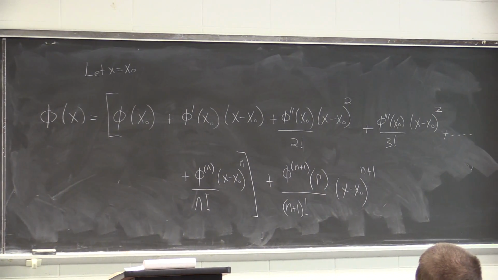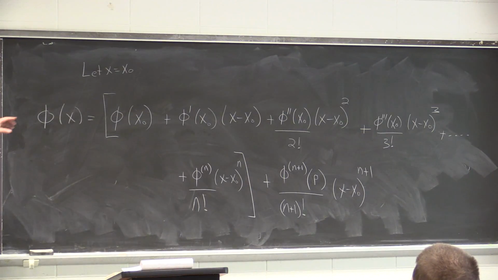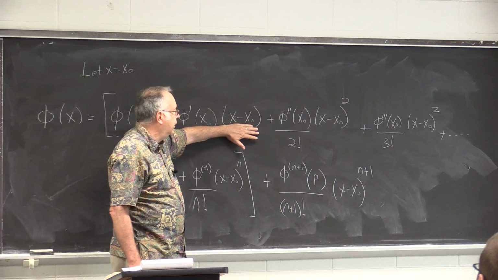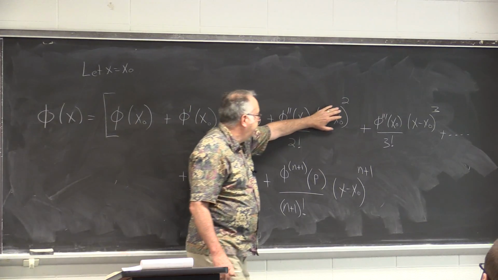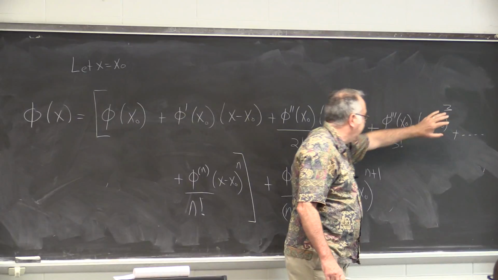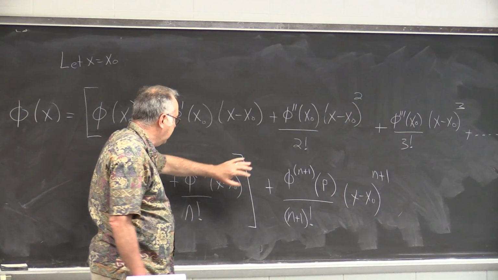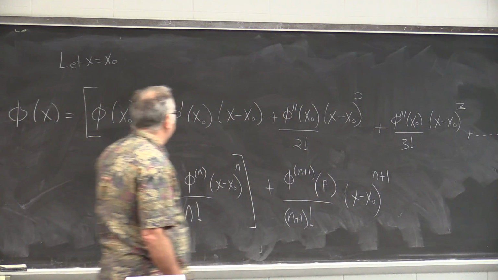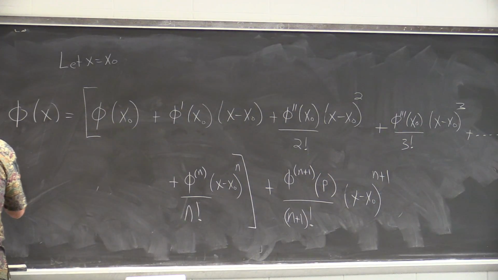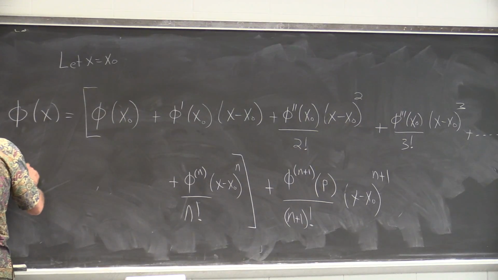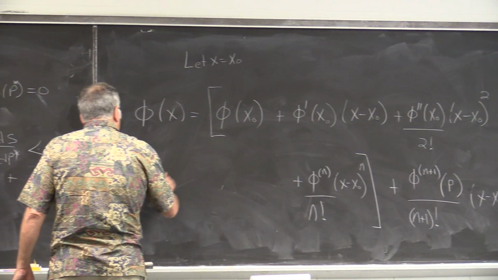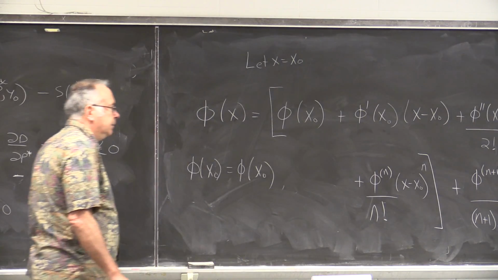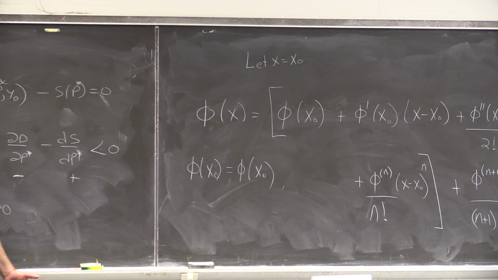Everything cancels out except phi of x of 0, because x minus x of 0 then is what? 0. So that's a 0, that's a 0, that's a 0, that's a 0, and that's a 0. So all of these terms drop out, and this formula then becomes phi of x of 0 equals phi at x of 0, which is comforting.